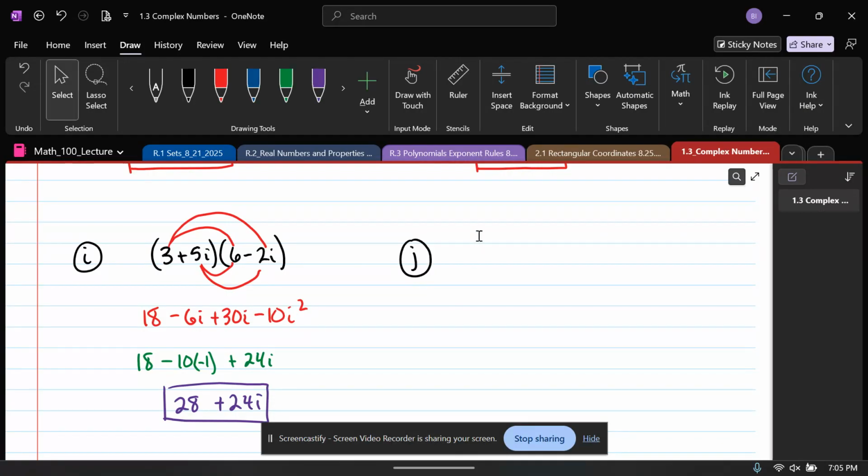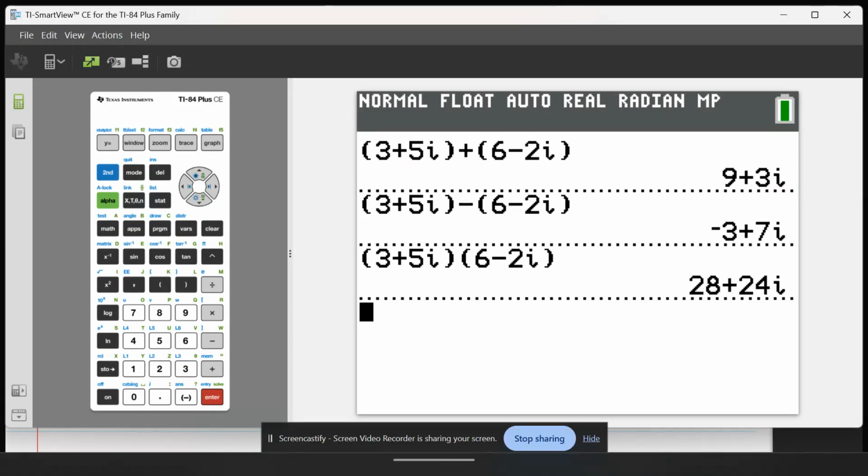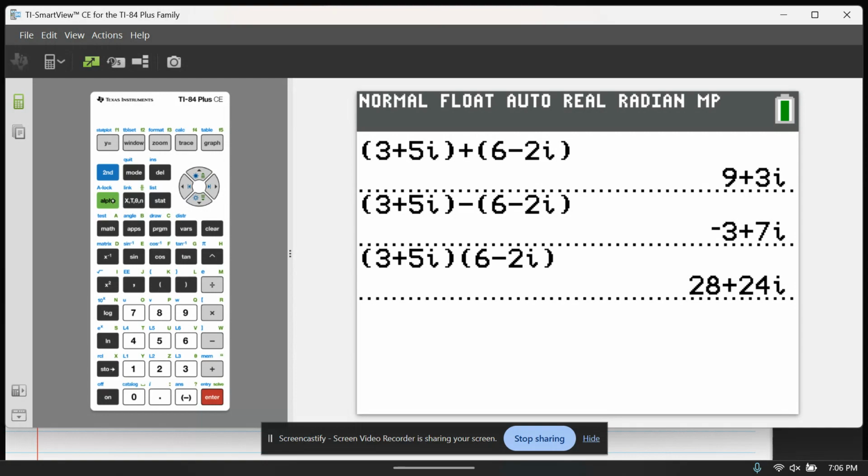Now, the last operation is division. I'm going to do this one with the calculator first. And then I'll show you the long way, the hand way of doing it. That's a joke. So on the calculator, I'm going to put in a fraction. So alpha y equals is the fraction button.